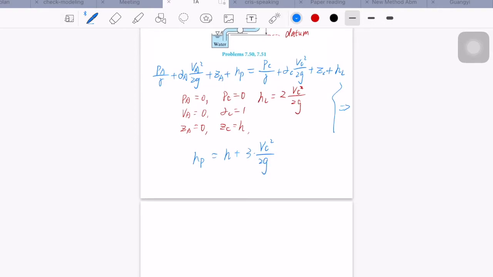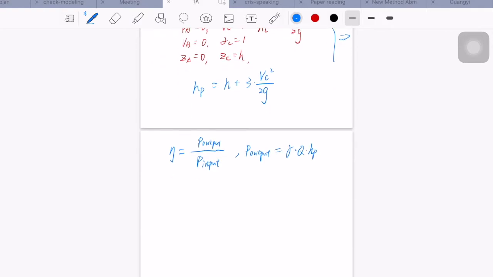And according to the mechanical efficiency, we have that eta equals P output divided by P input. And according to the power equation, P output should be equal to gamma times Q times HP.